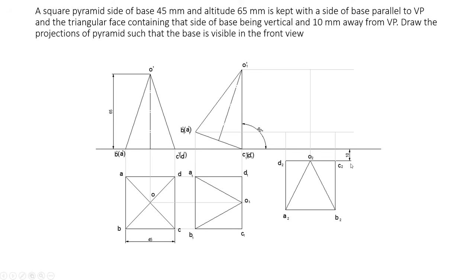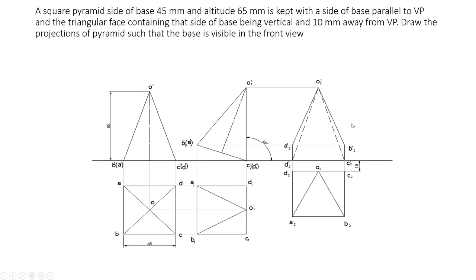Mark this 10 mm. Now to get the final position of the object, draw projection lines from all these points. The meeting point of A2 and A1 dash will give you A2 dash, D2 and D1 dash will give you D2 dash, B2 and B1 dash will give you B2 dash, C2 and C1 dash will give you C2 dash. Similarly, O2 and O1 dash will give you O2 dash.